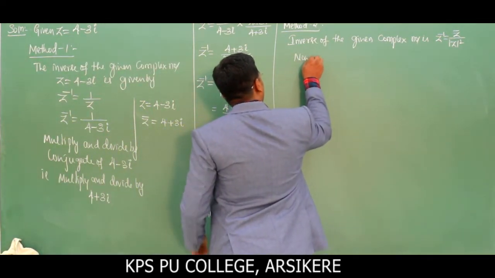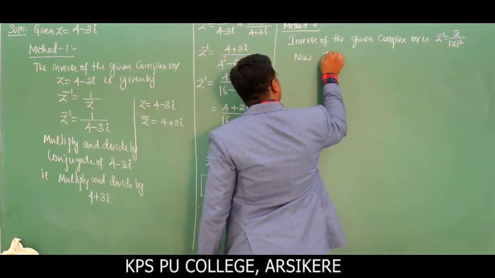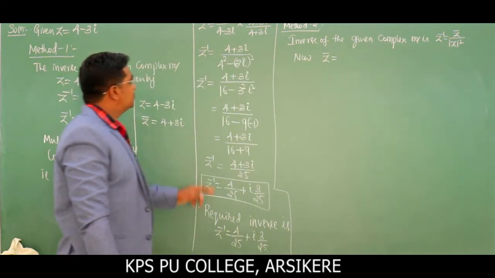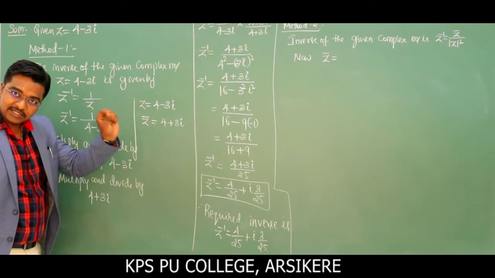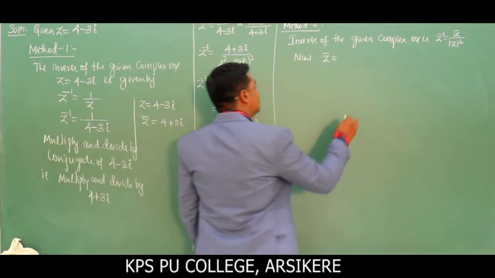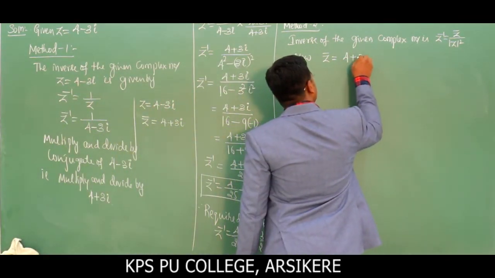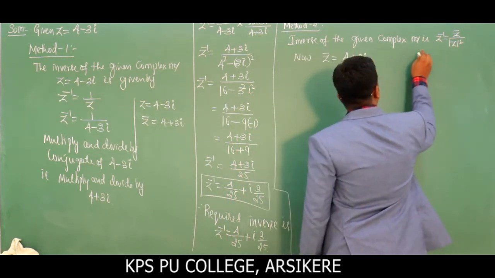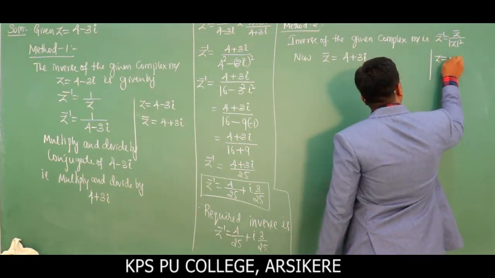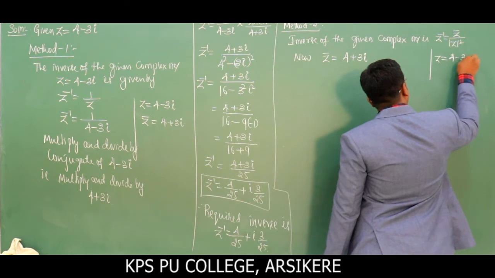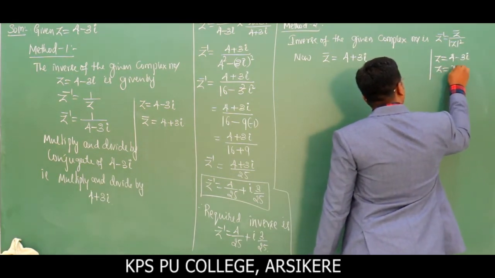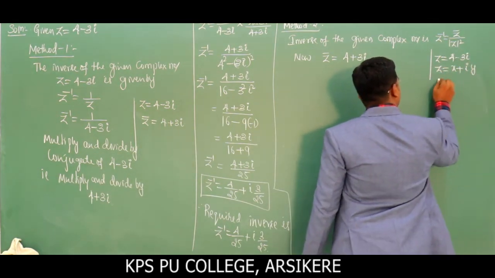Now what is z bar? Z is 4 minus 3i, corresponding z bar is equal to 4 plus 3i. Compare with z is equal to x plus iy. What will be left there?